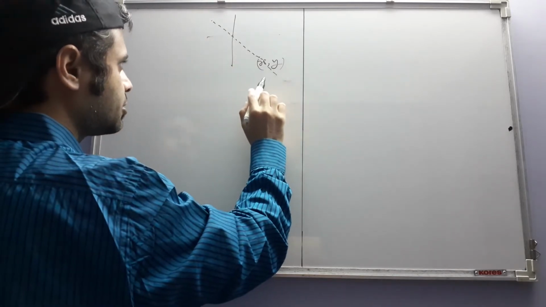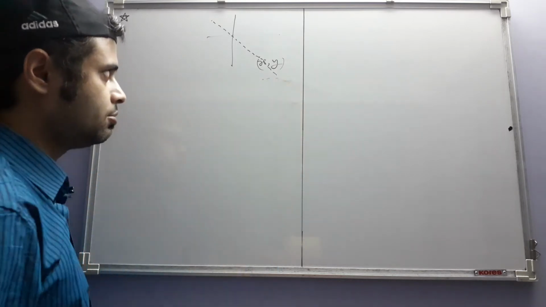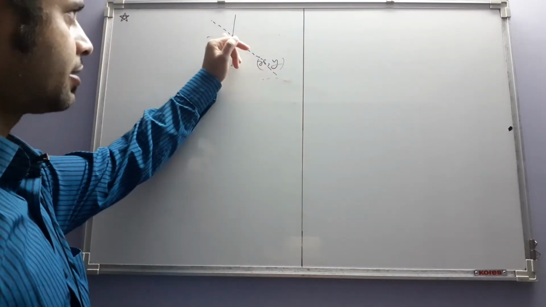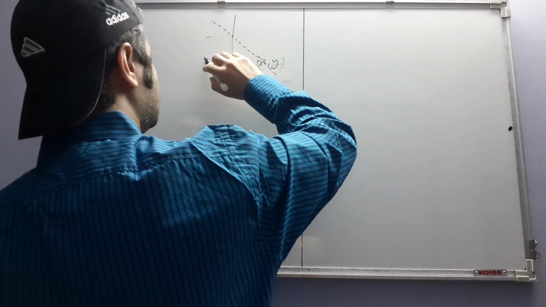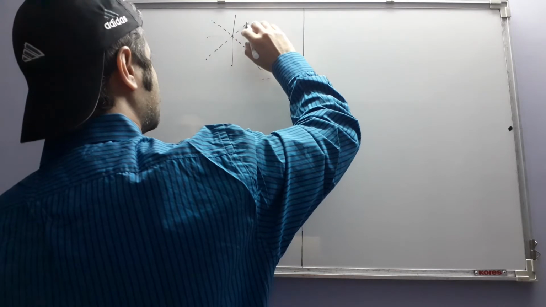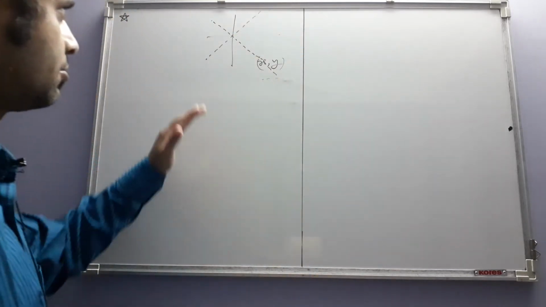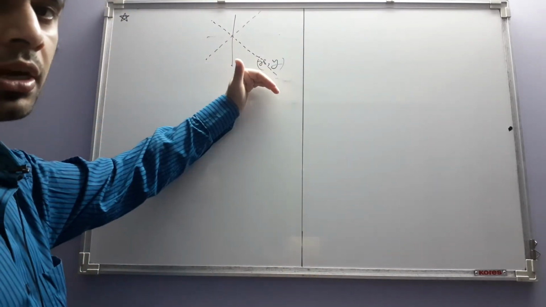What we then did, we calculated the equation of the line that passes through the given point and the origin. We found its equation. Then using that equation, we found the equation of the line that passes through the origin and is perpendicular to this line.